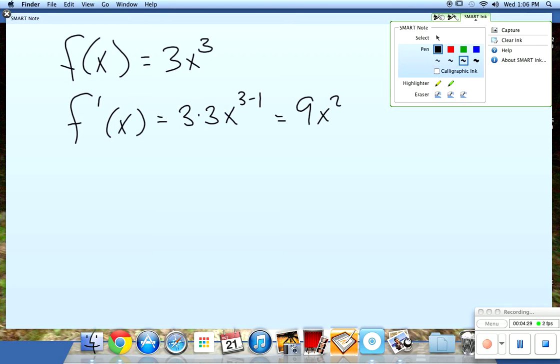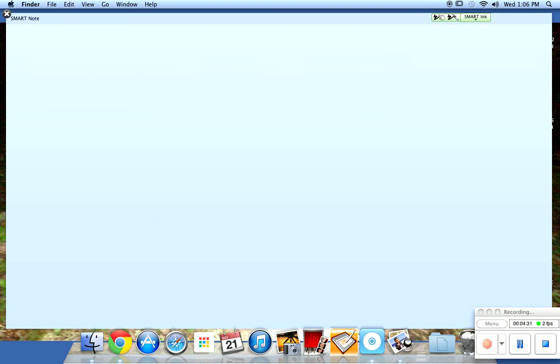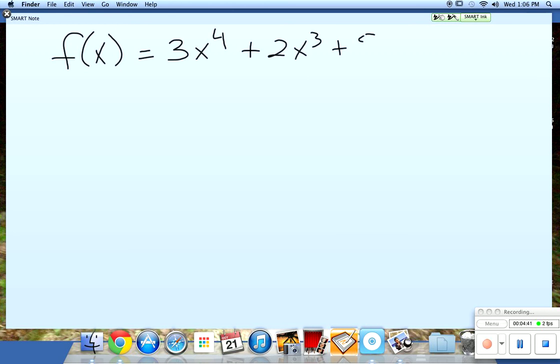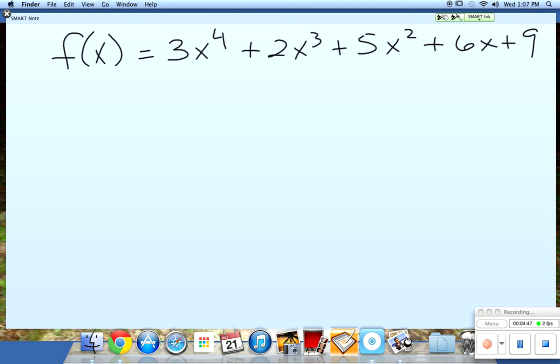So if you were going to, let's say, have more of an f of x function, let's say 3x to the fourth plus 2x third plus 5x squared plus 6x plus 9. Looks like a lot, huh? It's really not.